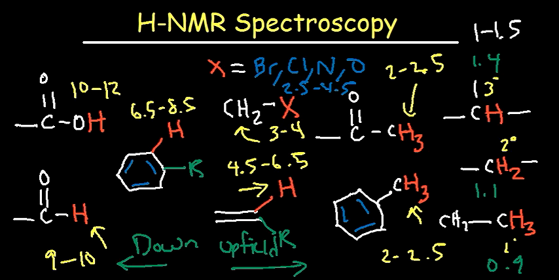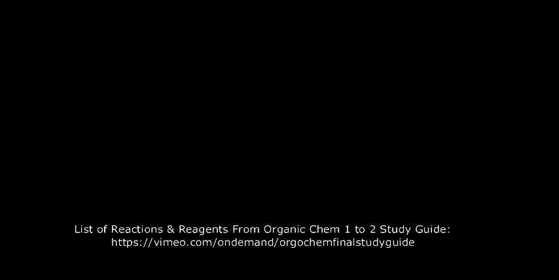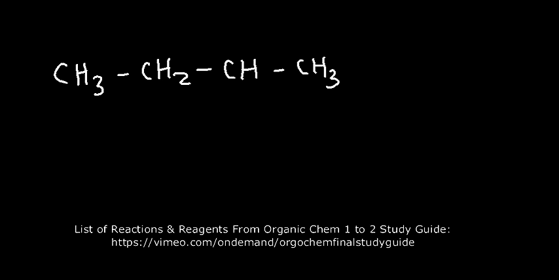Alright, so let's go over some examples. Let's analyze this particular compound. Let's say we have 2-bromobutane. So we're going to write it as a condensed structure: CH3, CH2, CH, CH3. What do you think the chemical shifts are for these hydrogen atoms?